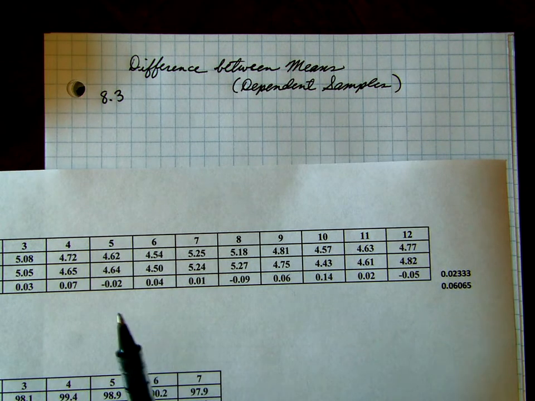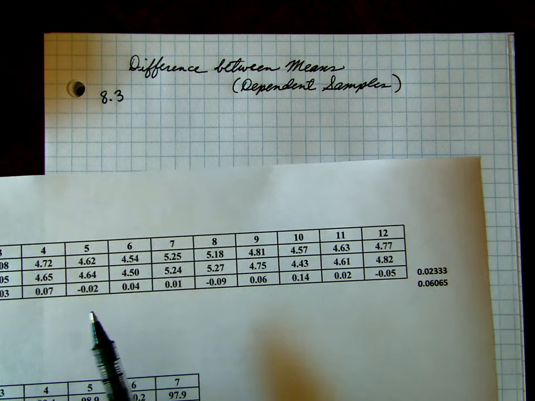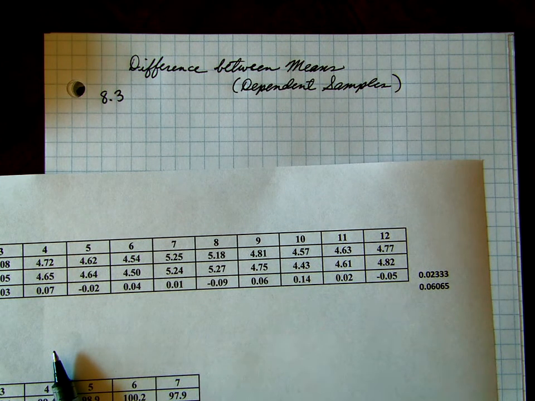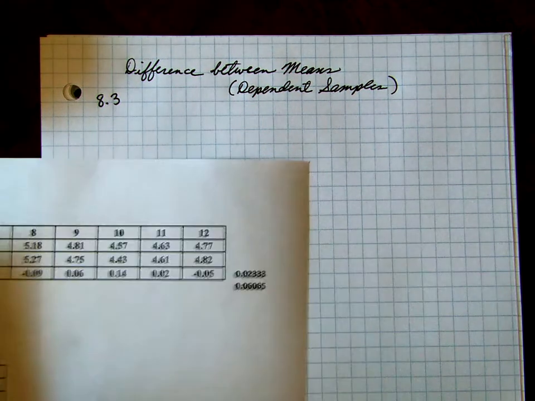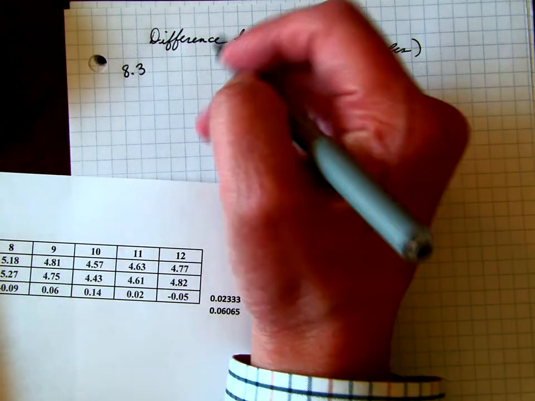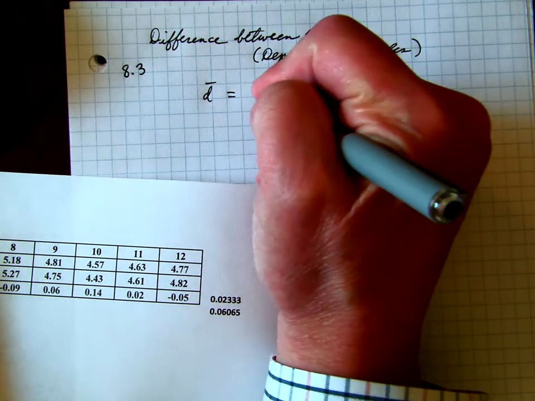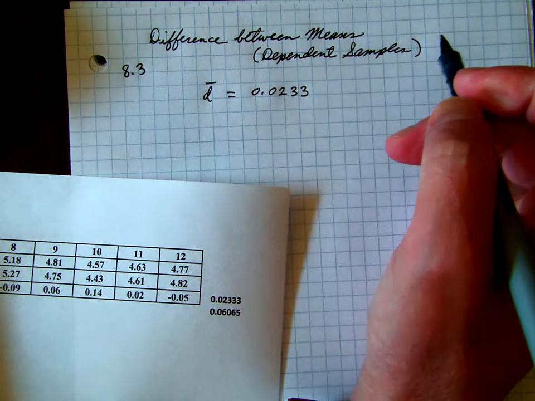Now, in the book, they teach you a fancy formula for computing standard deviations. I'm not going to do that. If I have these 12 numbers and I feed them to my calculator, it will very happily tell me what the mean is for the differences and what the standard deviation is for the differences. So I've got a mean, d bar, or average d, of 0.0233.